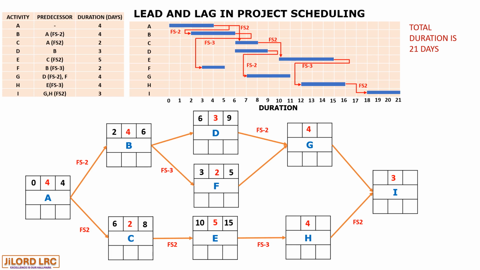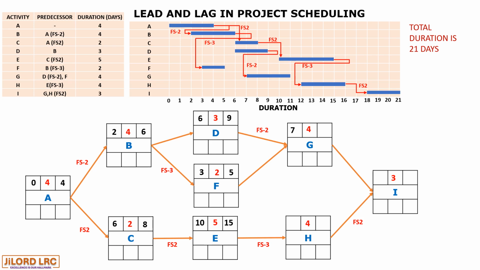Now let's look at G. The relationship between D and G is a lead of 2, and that from F to G has no lead or lag relationship.